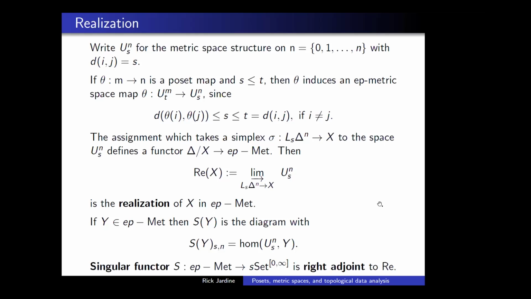So you have functors, realization from diagrams of simplicial sets to extended pseudometric spaces, and it has the right adjoint from extended pseudometric spaces into diagrams of simplicial sets. Well, that seems kind of strange. That's the way it is, and this is in Spivak's paper, although he said it in a different way.